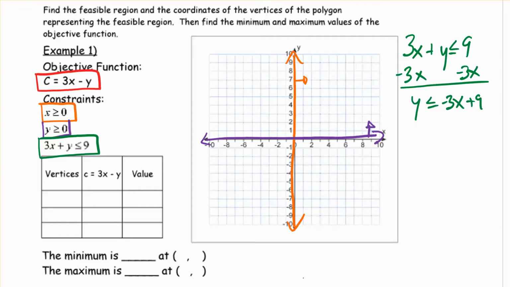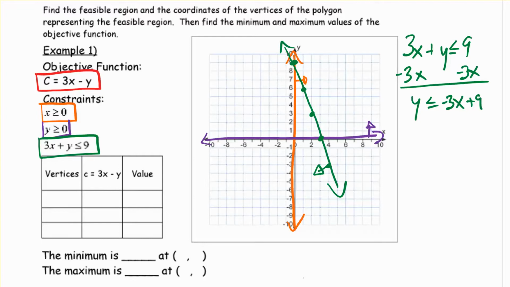And so now we have an equation in slope-intercept form. We've got a y-intercept of 9 and a slope of -3, so down 3, right 1, and we're going to make a solid line, and we're going to shade the bottom because we're less than.